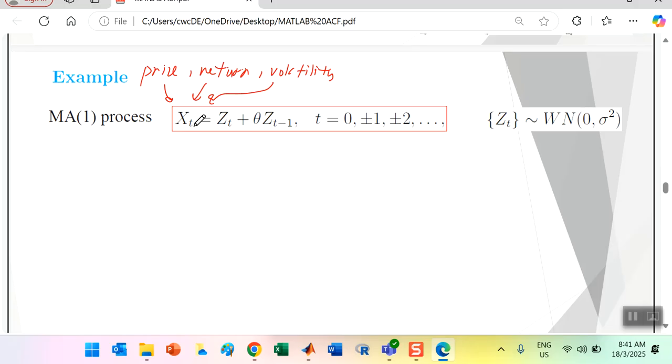Okay, so first of all, we check in order to find out the covariance or the autocorrelation for MA1.